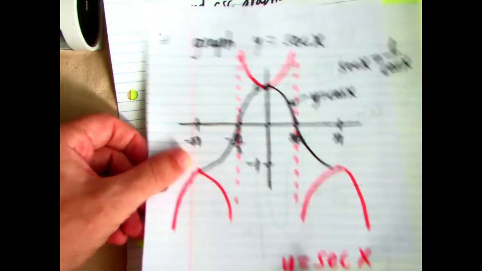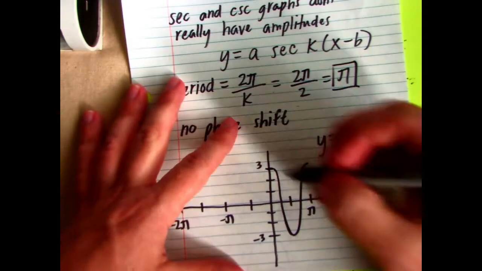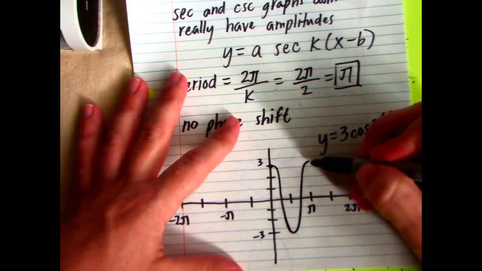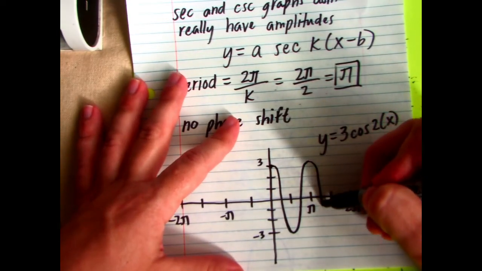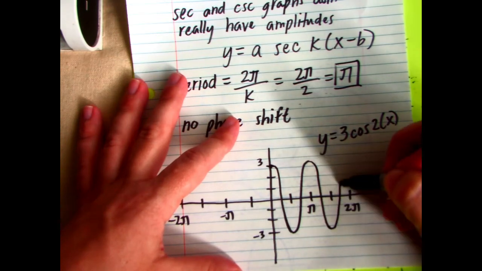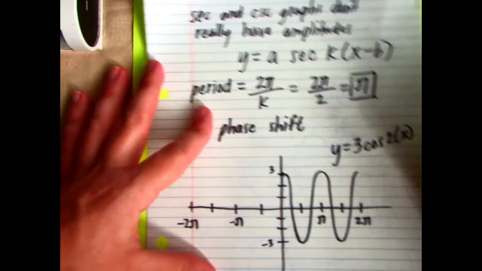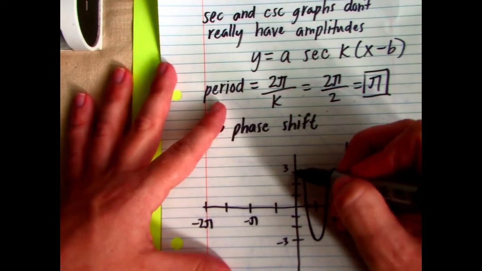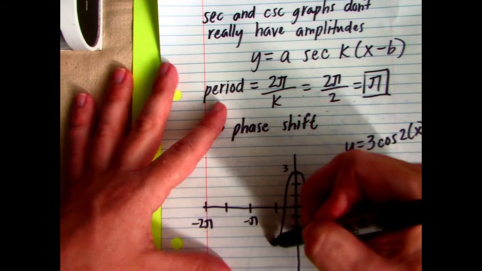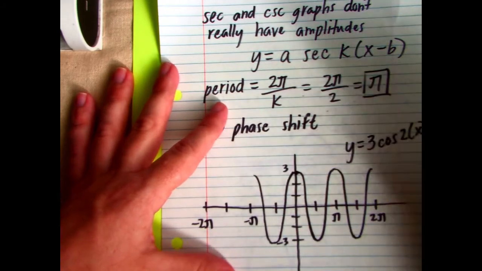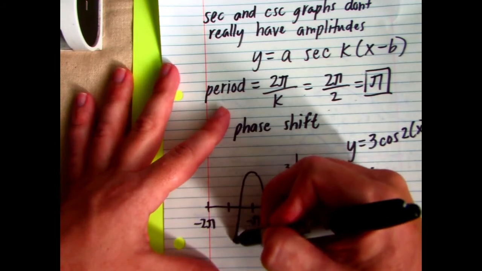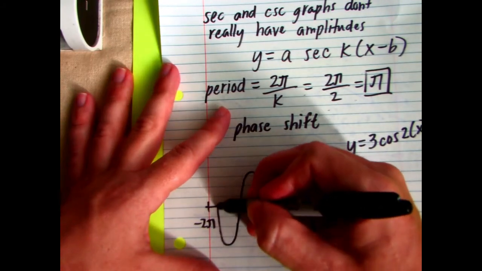That middle hump for cosine exists on the y-axis before any kind of phase shift. So each time I have another pi on the x-axis, I make another full wave. Start to finish takes 1 pi distance.